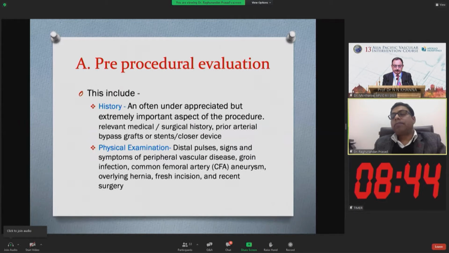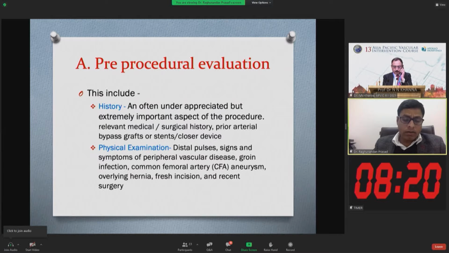The first and very basic step for any interventional procedure: just like we do a lot of evaluation for our procedure, we should spend time on evaluation of the groin area as well. In the pre-procedural evaluation, there are three to four things which are very important, and we must pay a good amount of attention to these. First and foremost is the history, which is an often underappreciated but extremely important aspect of the procedure.